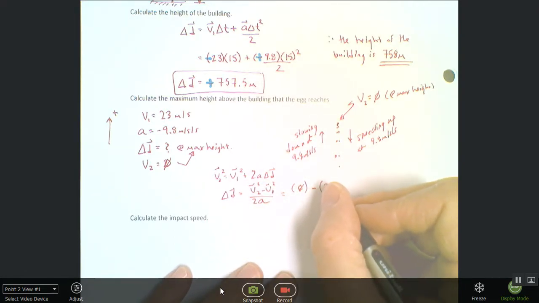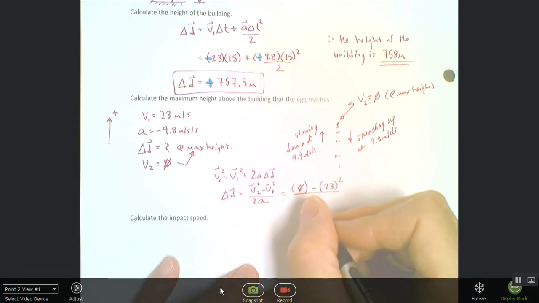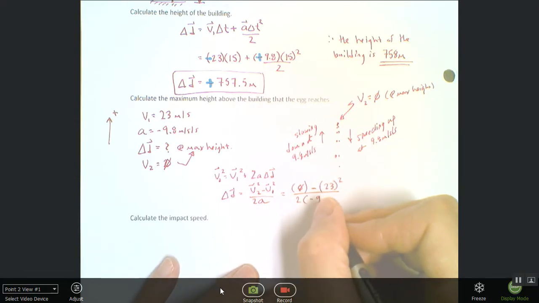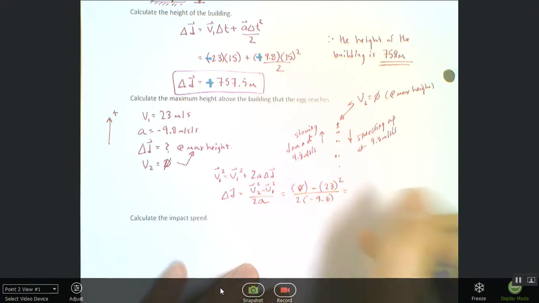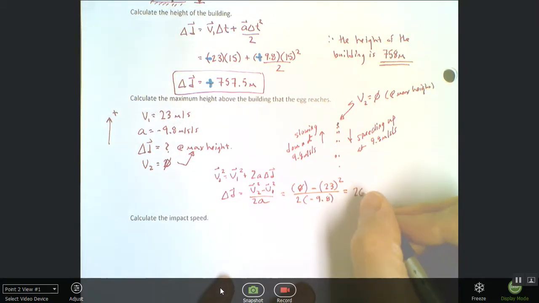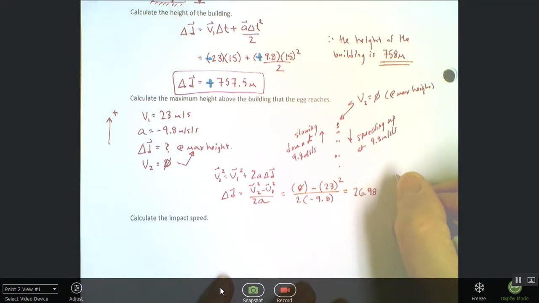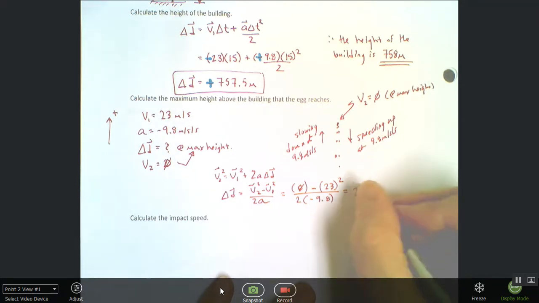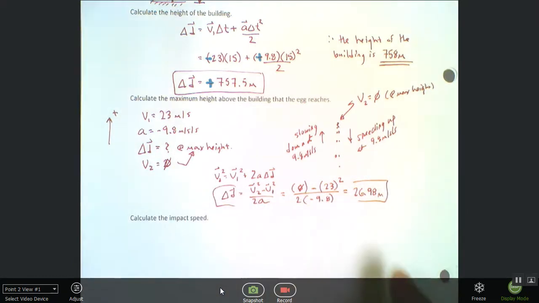And our speed was 23 squared over 2 times negative 9.8, so it's just 23 squared, which is negative, divided by 2 divided by negative 9.8, gives us 26.98. So basically the height above, and this is meters, so that was our displacement. So it displaced itself positively by 27 meters.